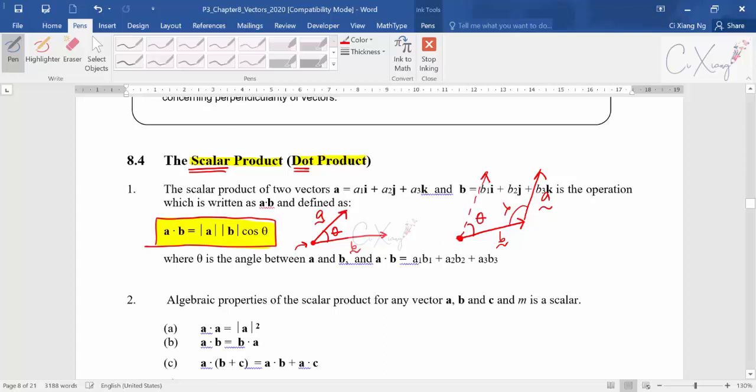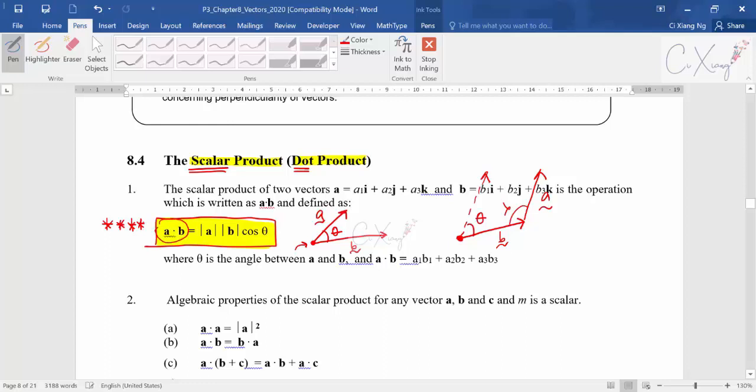Only then can they form a theta. Please always remember this, as it is a very important small detail. So this is the important formula that we use to find out the angle between two vectors, and mainly the left hand side involves the scalar product or dot product.